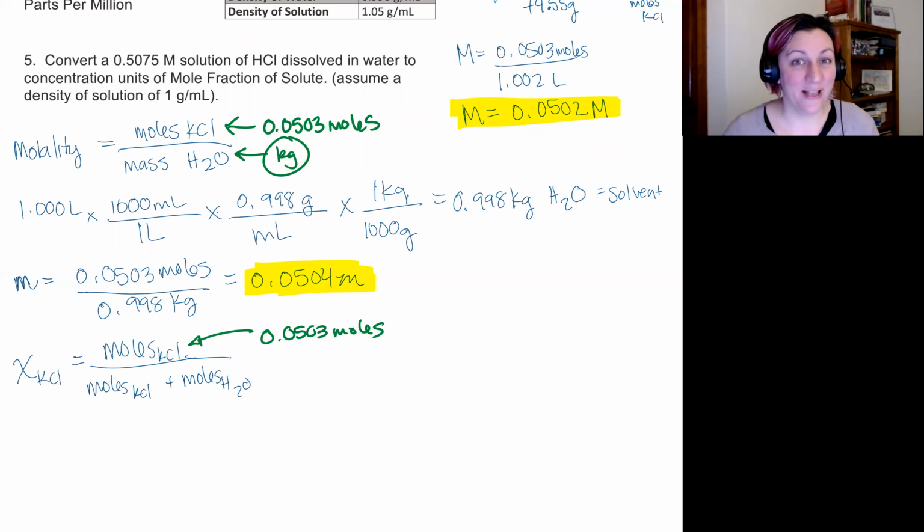Well, I know the mass of water, right? I finally figured that out. Yay. So I'm going to take that mass of water and use its molar mass to convert it into moles. For this one, I have 0.998 kilograms of water. I'm going to convert that into grams so I can use grams per mole for my molar mass.